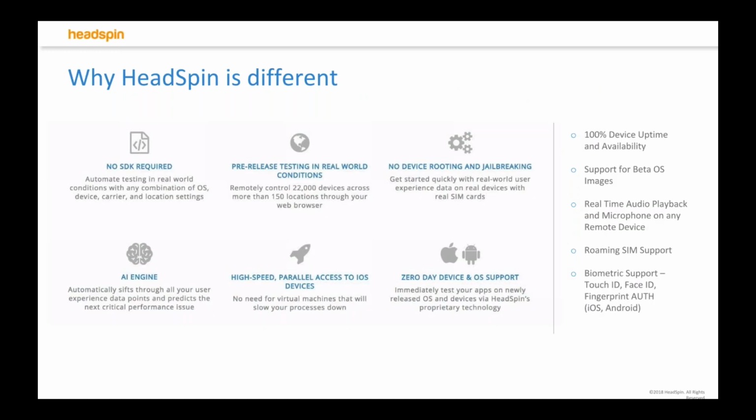In a nutshell, why we're different is that I'll touch upon a couple of things here. One is that in our platform, there's no SDK required. This is an incredibly important driving principle in what we build at HeadSpin, because at the end of the day, if you start to add third-party SDKs to collect analytics and performance measurements, you're adding divergent logic to your application.